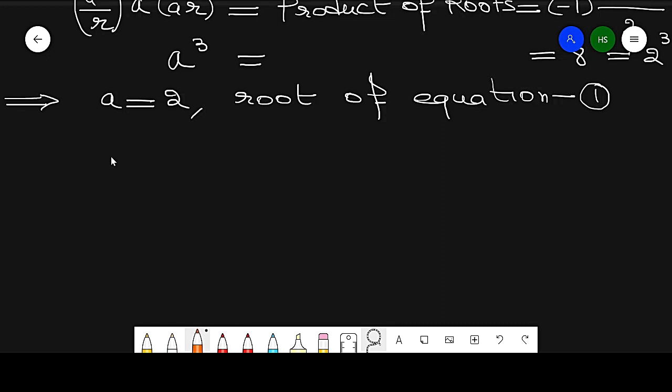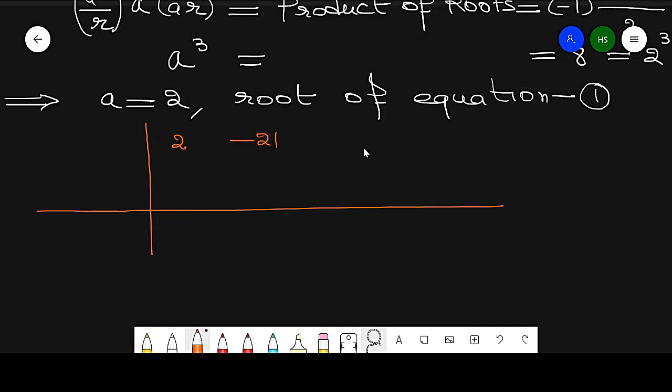Now we will find the other two roots by solving the quadratic equation. First write the coefficients of the given equation: 2, minus 21, 42, and the constant term minus 16. Its root is 2, the value of a.